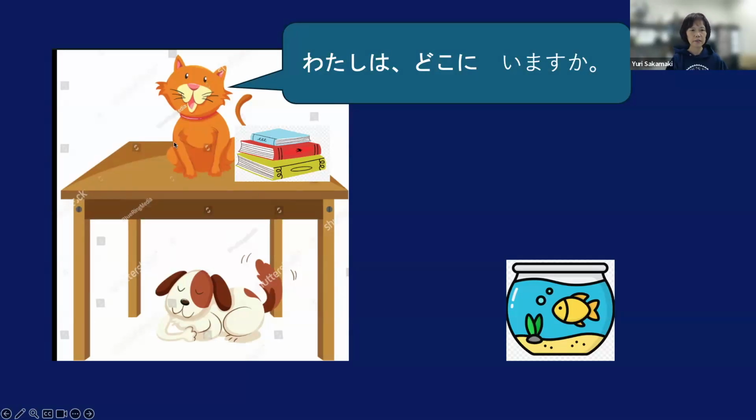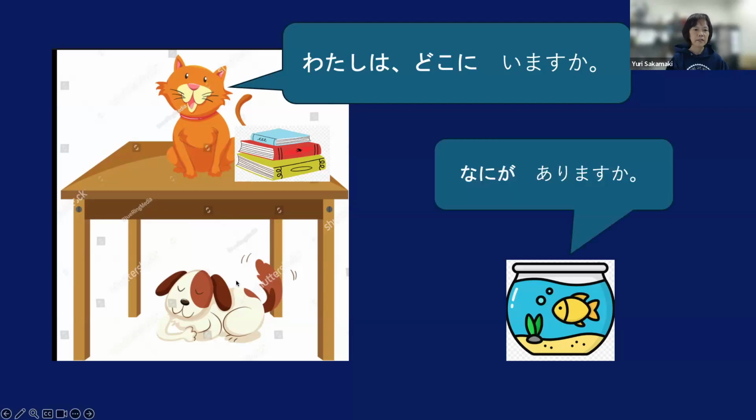So for the cat, 猫は机の上にいます。本は猫の右にあります。It's to the right of the cat. 犬はテーブル, well, we use the word desk. So, 机の下にいます。Make sure it's います。And then here, 何がありますか?